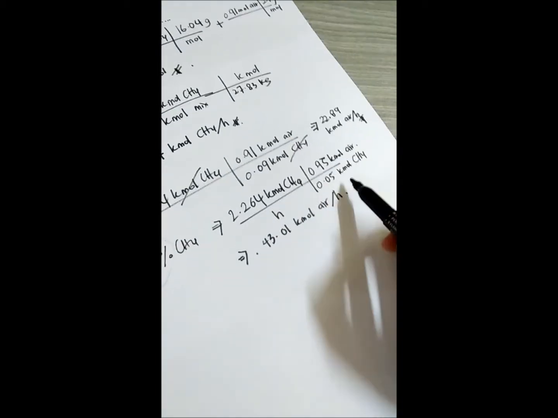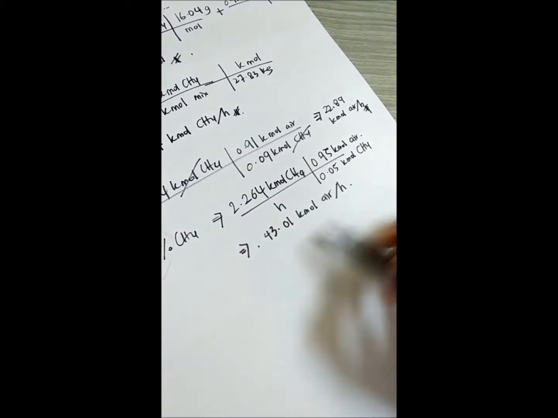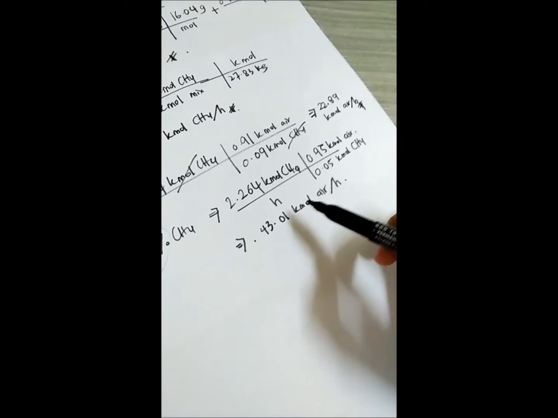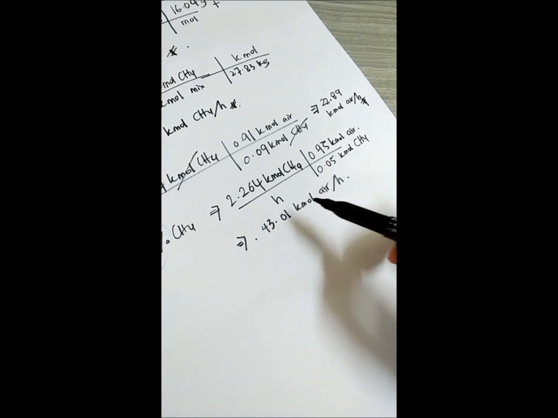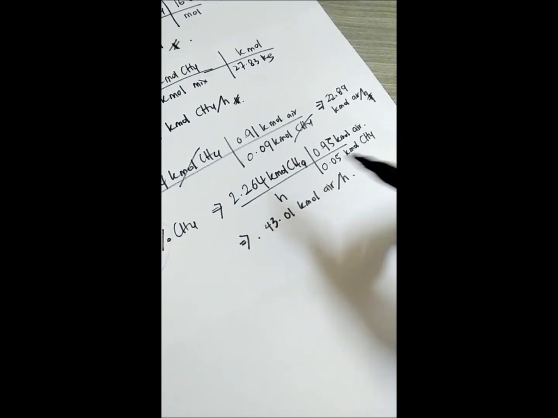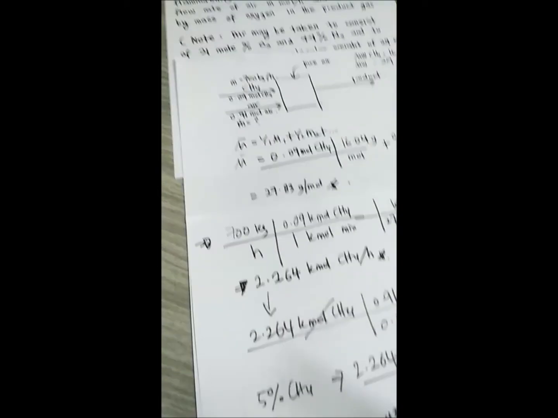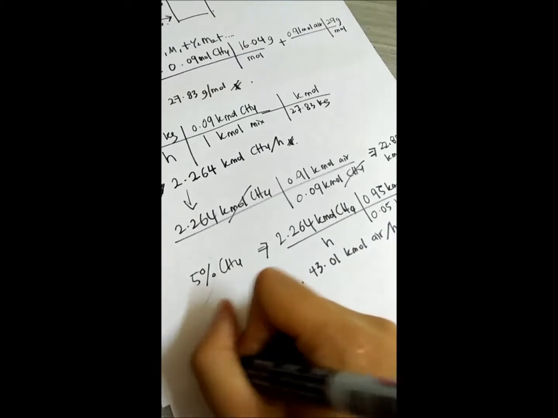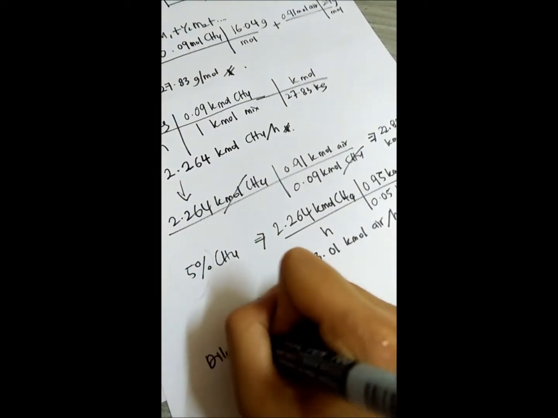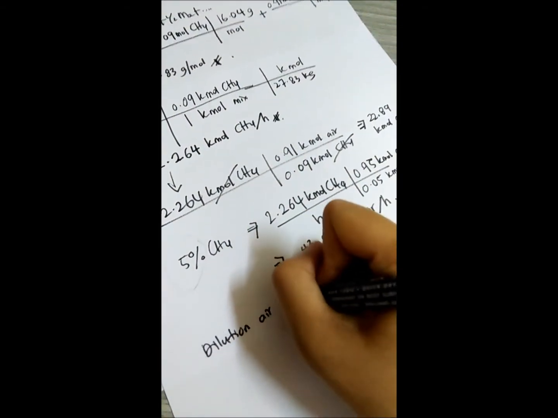So this is how much air you need so that it can reduce the methane concentration to the lower flammability limit, as said in the question. Now you can calculate how much dilution air is actually required.